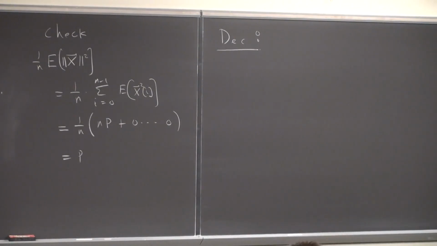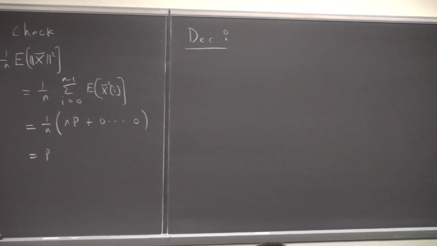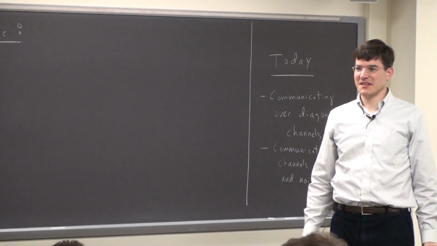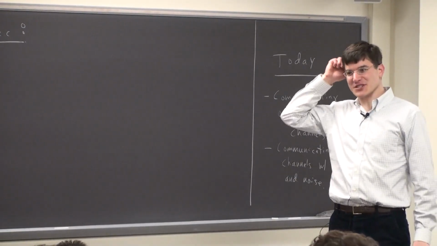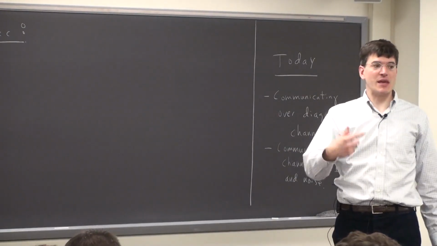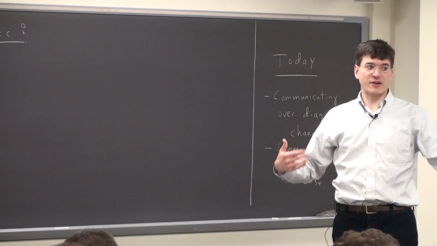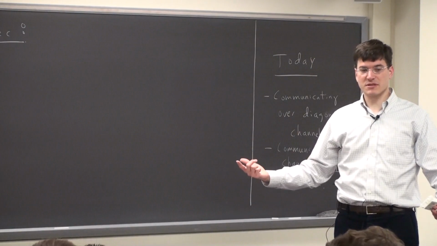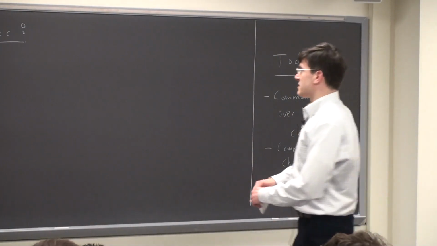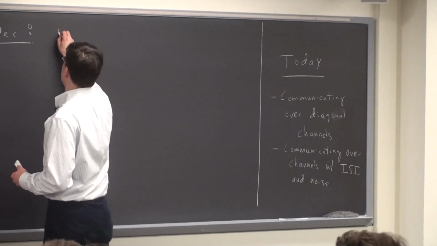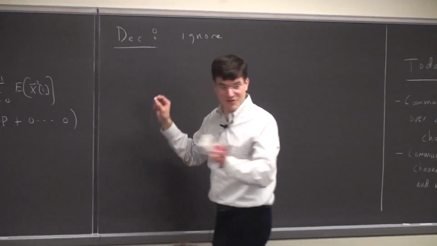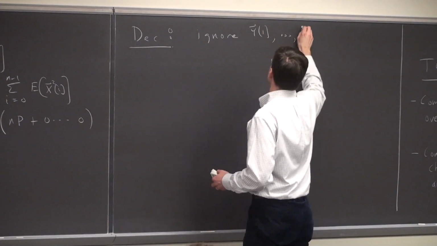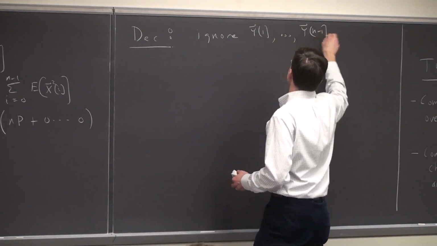I would imagine you would just look at the first element of y and see if that's positive or negative. Okay, so you're jumping right to the functionality of the decoder. The type of the input would be the whole WAV file, the vector y. The output would be a bit, for what u is. So what you're suggesting is, if I understand correctly, ignore y1 up to yn minus 1.